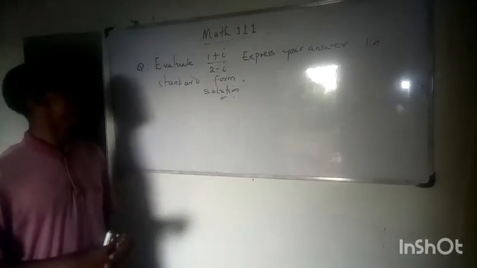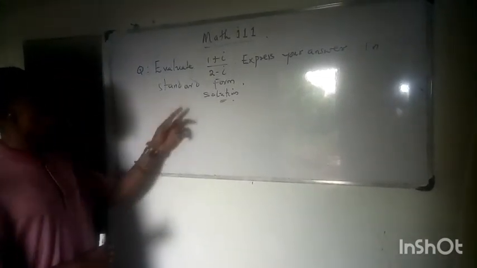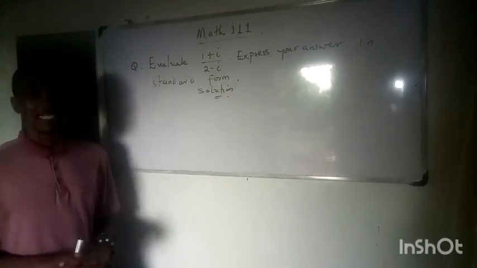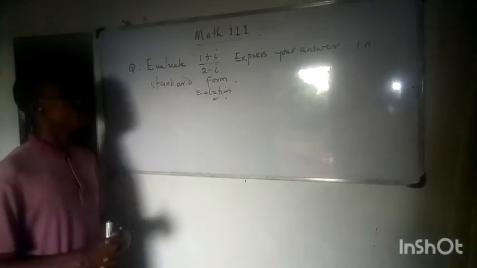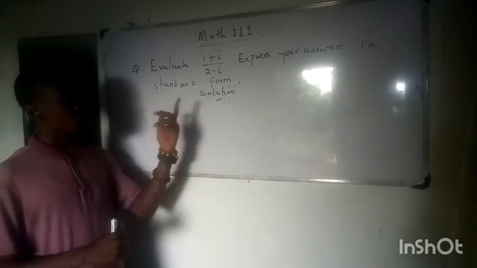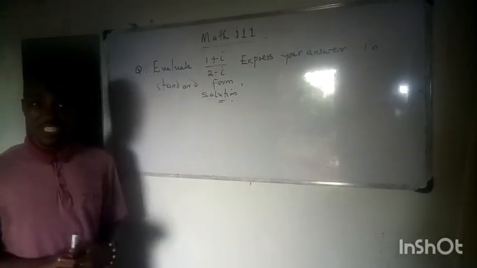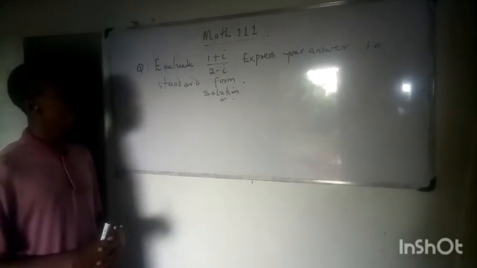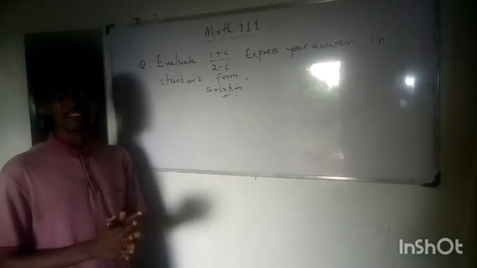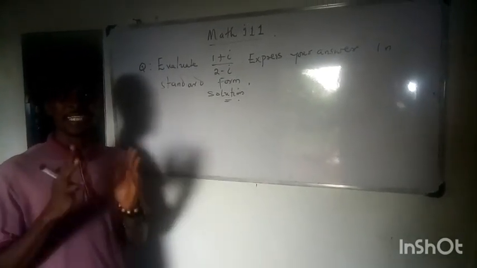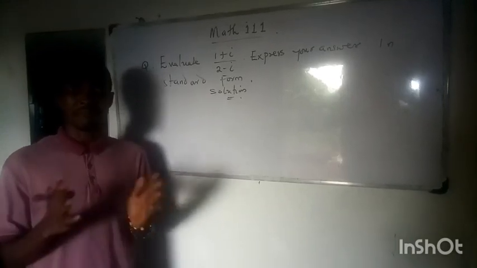So we have here: evaluate (1 + i)/(2 - i) and express your answer in standard form. Remember, complex number is one of the numbers that we have in mathematics.